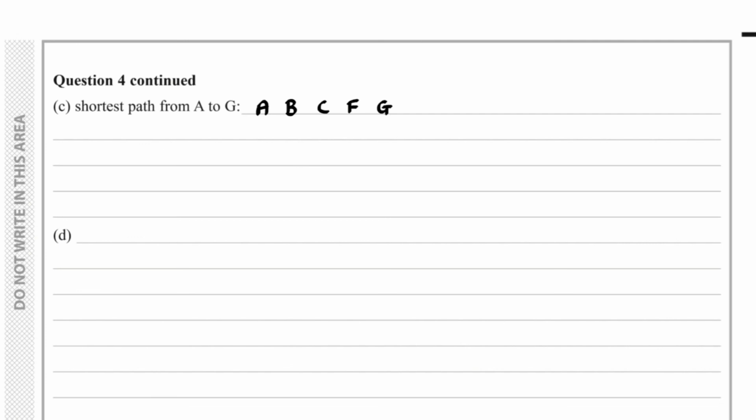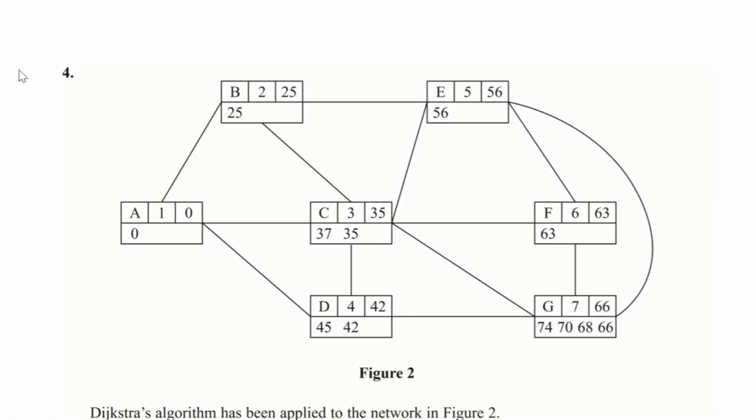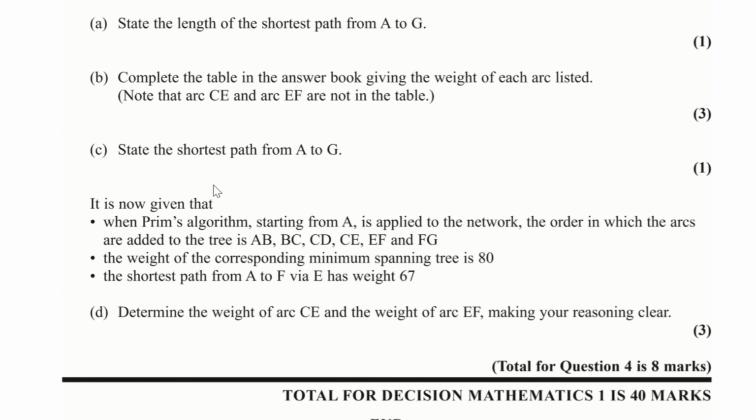Here is the shortest path. Now, for part D of the question, it's now given that when Prim's algorithm is applied, we start from A, and the order in which the vertices are added to the tree is AB, BC, CD, CE, EF, and FG.